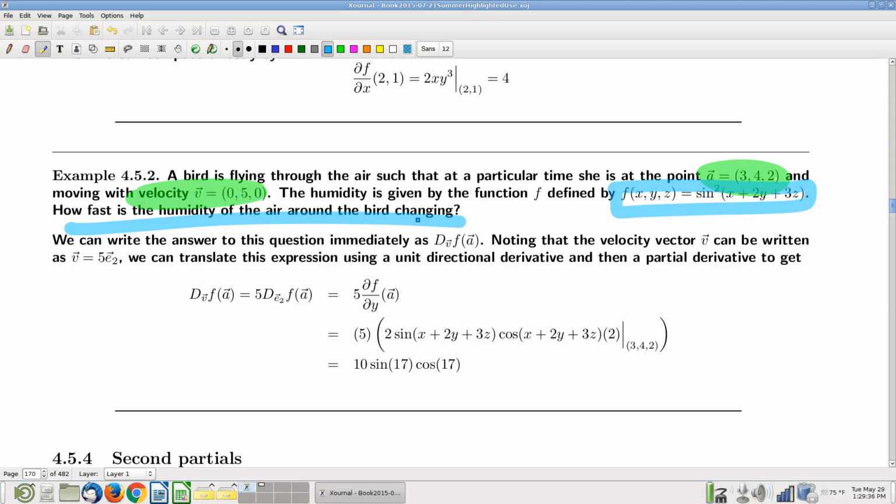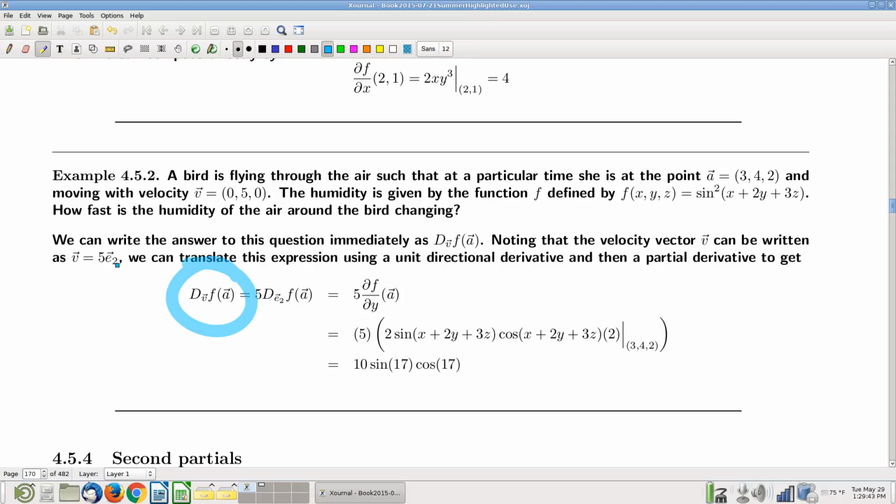But I'm going to save us a bunch of effort by taking advantage of a cool observation. First of all, the directional derivative that we're trying to compute, I can factor out the scalar. Right? If you look at that velocity vector v, 0, 5, 0, that 5 factors out really nicely, thus giving me a unit directional derivative to compute instead of a directional derivative, and furthermore a unit directional derivative where these numbers are nice. Right?